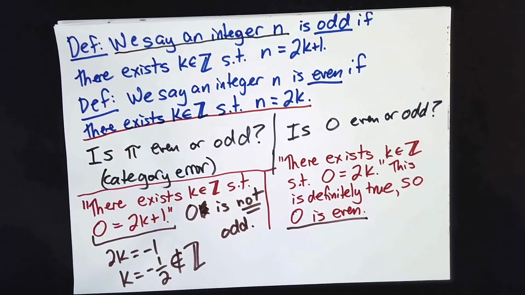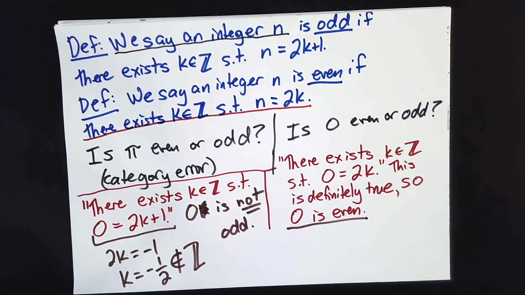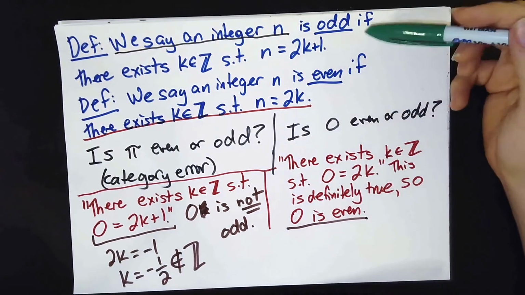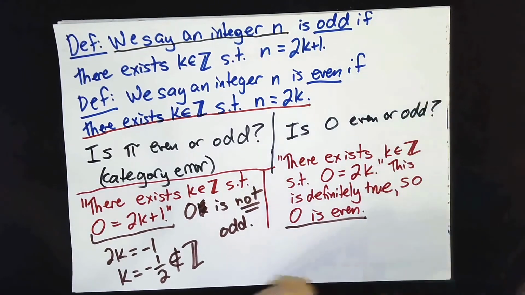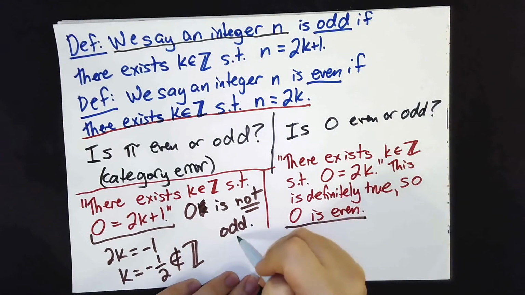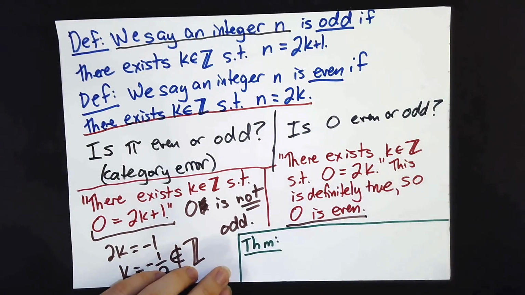Now, there's a subtle point here, which is that we kind of know, at least aside from 0 and technicalities, that every integer is exactly one of odd or even. But it's actually not straightforward to prove that from the definition. I'm going to give you this as a theorem, and so you can use this theorem on the homework.